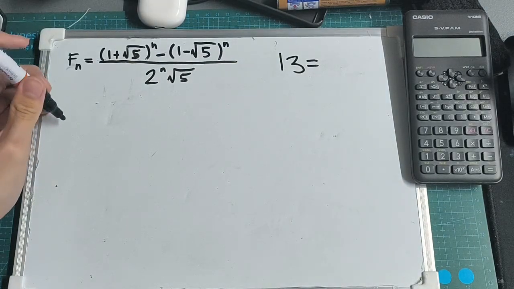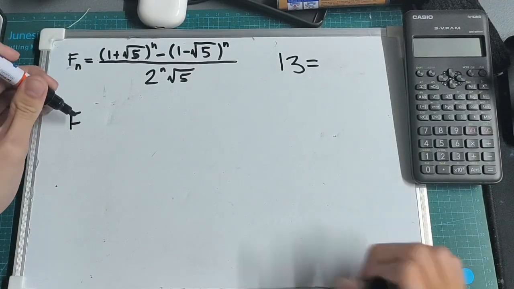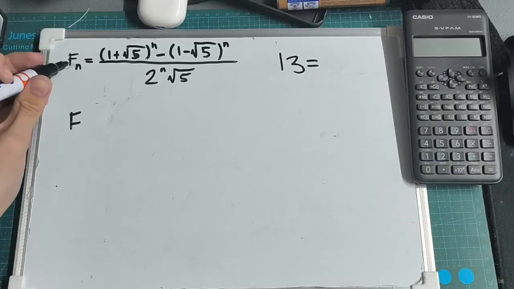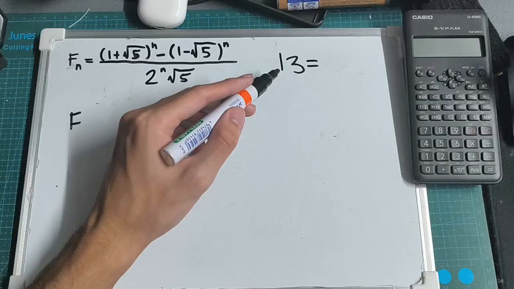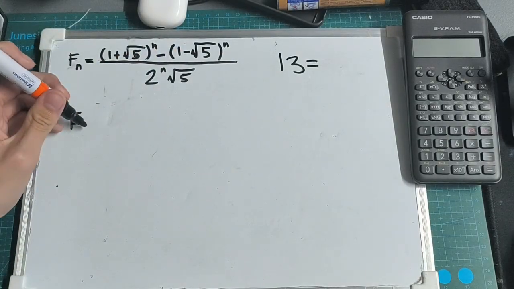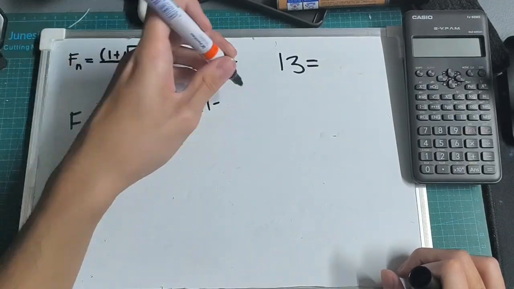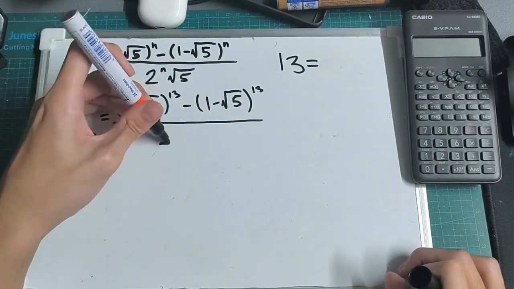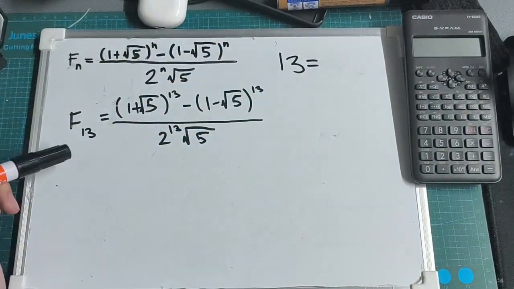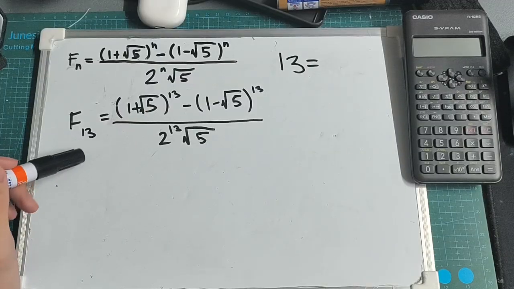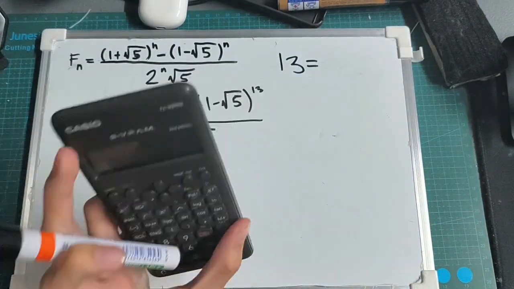First of all, we would have to rewrite the entire formula. And switch the n term with the number that you are trying to find, which is the 13th term of the Fibonacci sequence. Now that we are done writing the formula with the number of the term that we are trying to find, we would now have to input this onto the calculator.